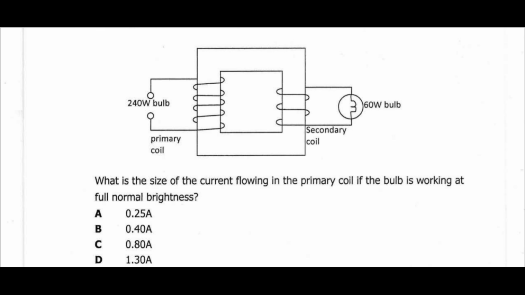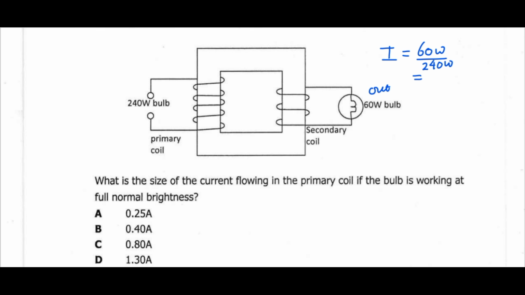So how can we find this given power? For us to find this, we take the power output, which is on the secondary coil, divided by the power input 240, which is on the primary coil.